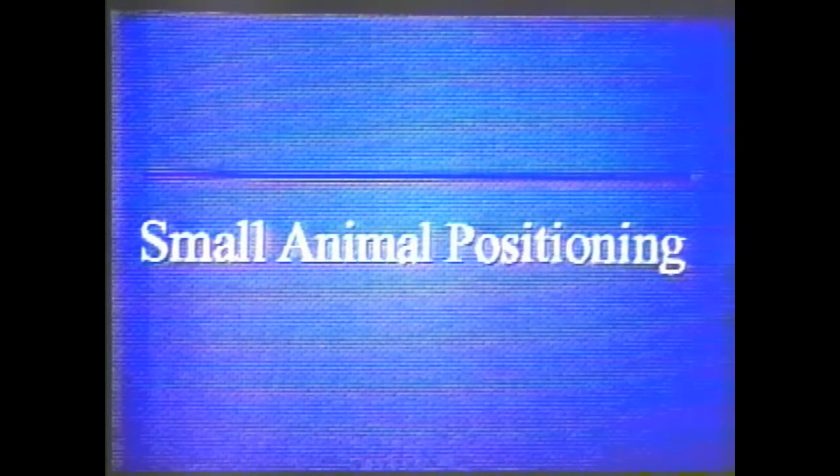Number 2, choose the proper cassettes, center the beam over the area of interest, and collimate the beam to the smallest area that will provide the exposure of the area of interest. And number 3, accurate positioning of the animal so that you will have a true anatomical representation for easy interpretation of that anatomical part. If you do all of these things, you will greatly reduce your exposure to radiation.